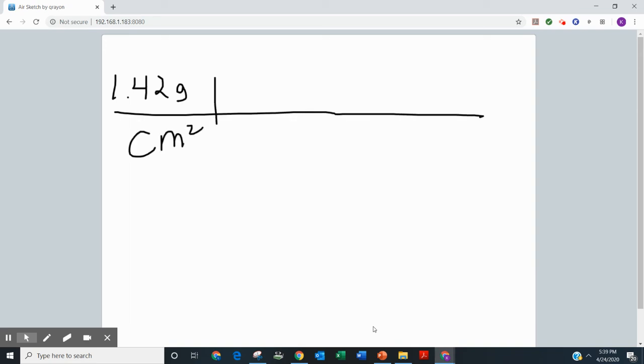So I've got 1.42 grams per centimeter squared. And I know that there were 1,000 milligrams in a gram, so my gram has to be down here in the bottom in order for it to cancel. So there's 1,000 milligrams.